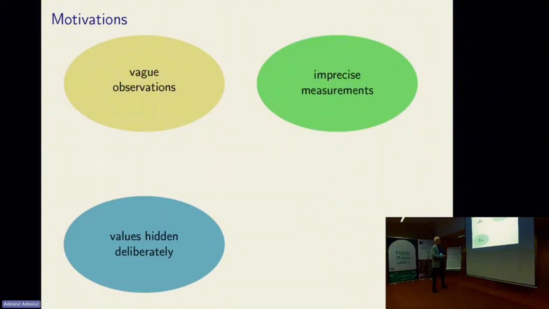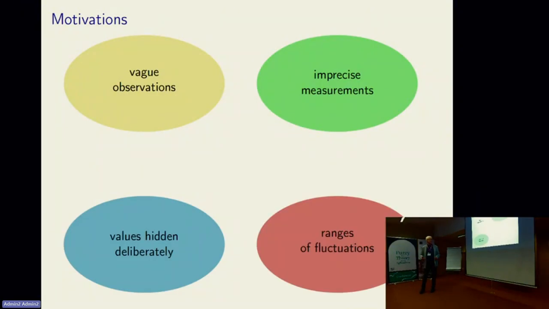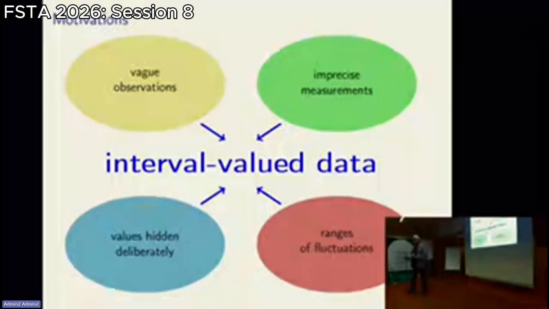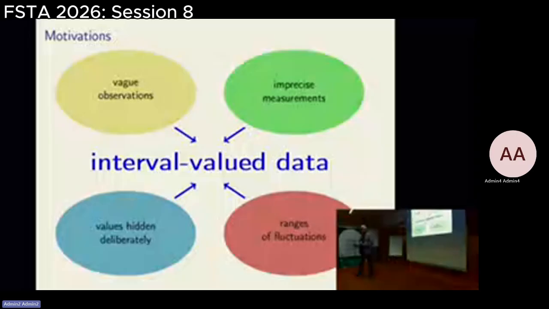Sometimes we want to hide some values because of privacy, for example. And finally, we sometimes observe a range of values, for example, the blood pressure during the day, which makes some range. In all these cases, a very simple and natural method of modeling such data is intervals. So we have so-called interval valued data.